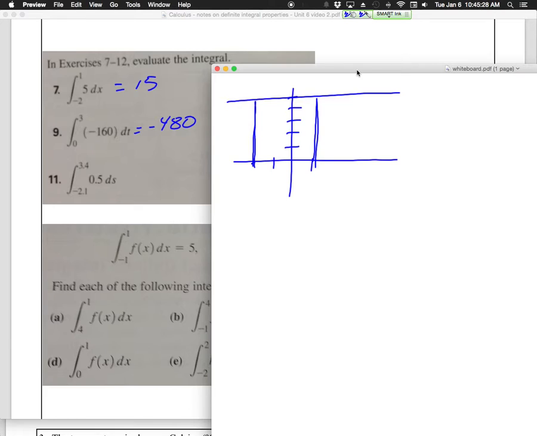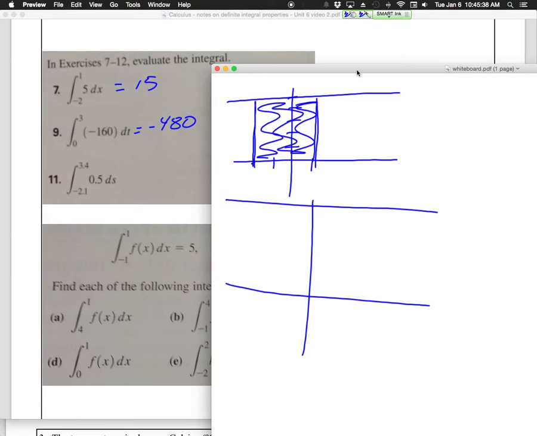Look at this area. The -160 would be somewhere down there. We're going from 0 to 3, so that area is there. Is it because it's below the axis? Below the x-axis gives me a negative value, and above the x-axis gives me a positive value.